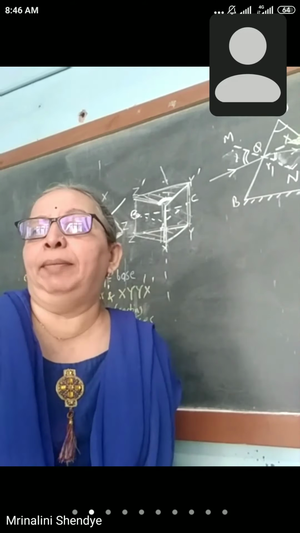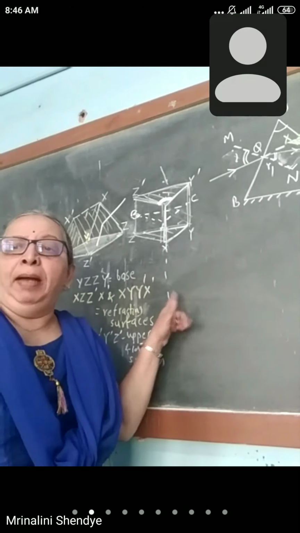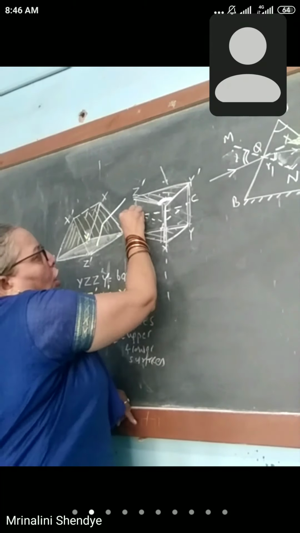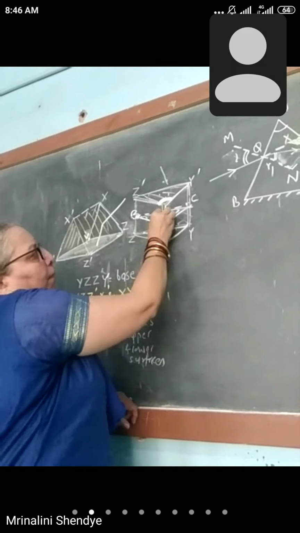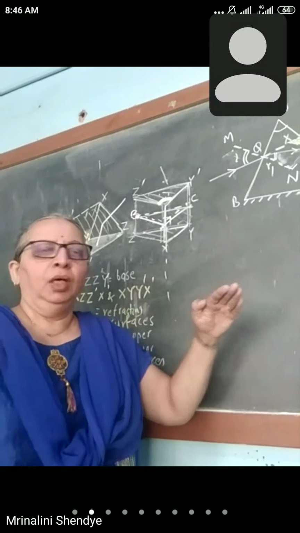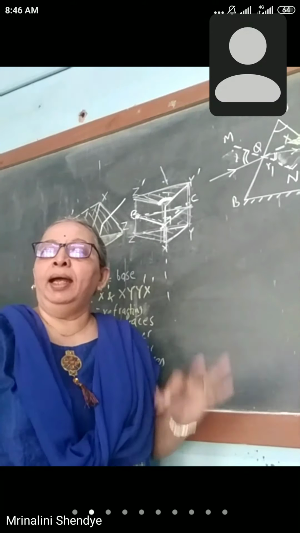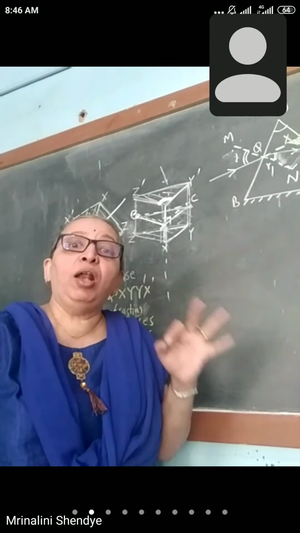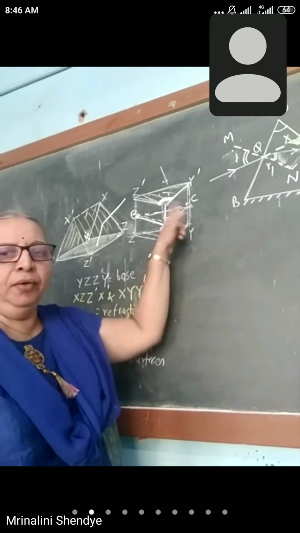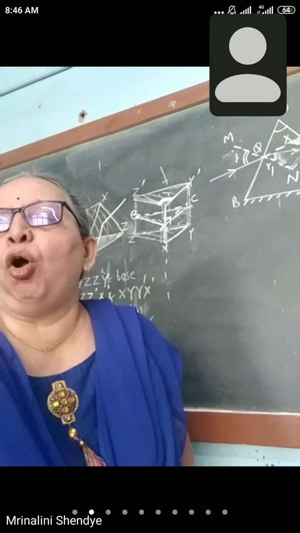Look at diagram 9.18, everything given there is the same; I am only saying it. If you cut the prism horizontally, perpendicular to this refracting edge, the section that is exposed is called the principal section.